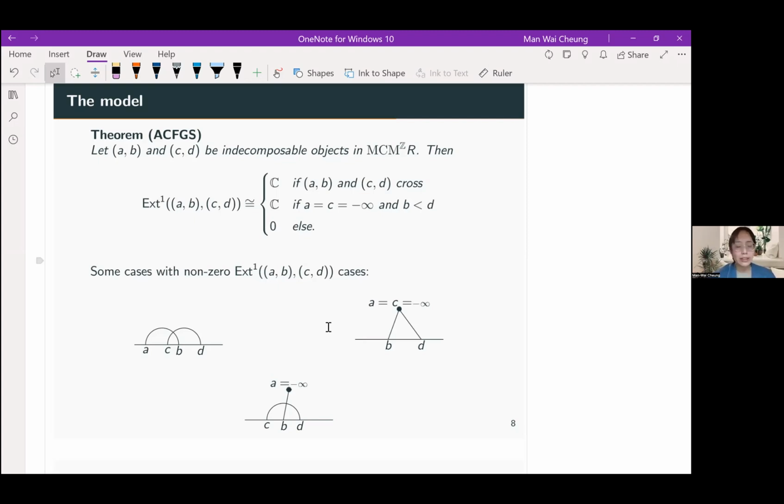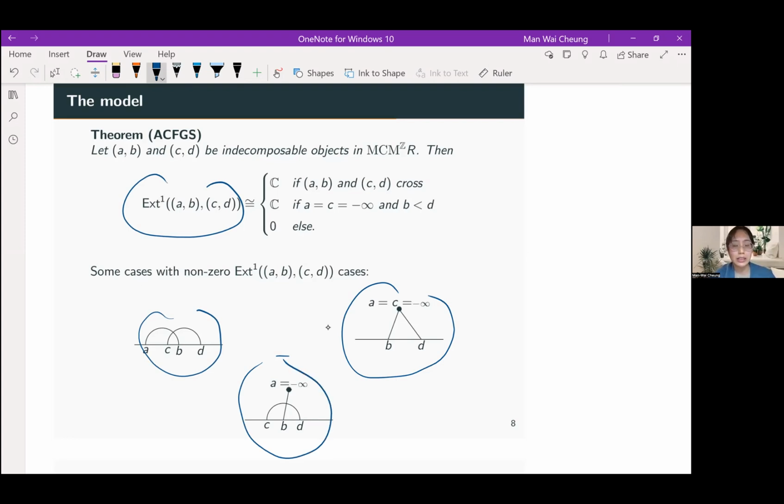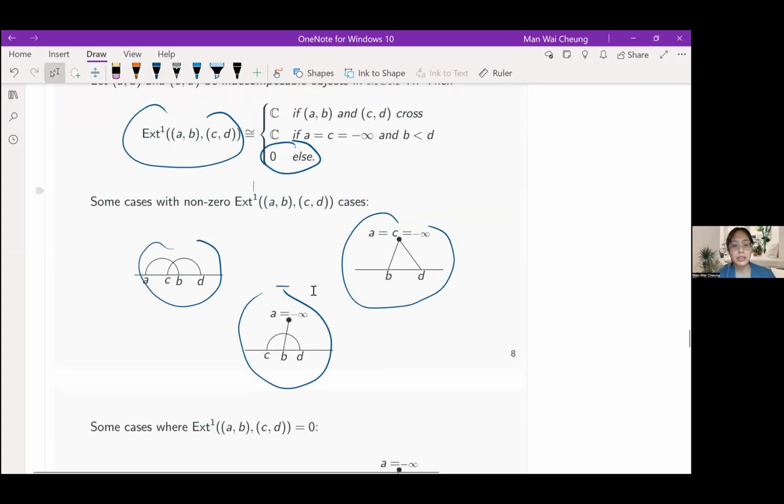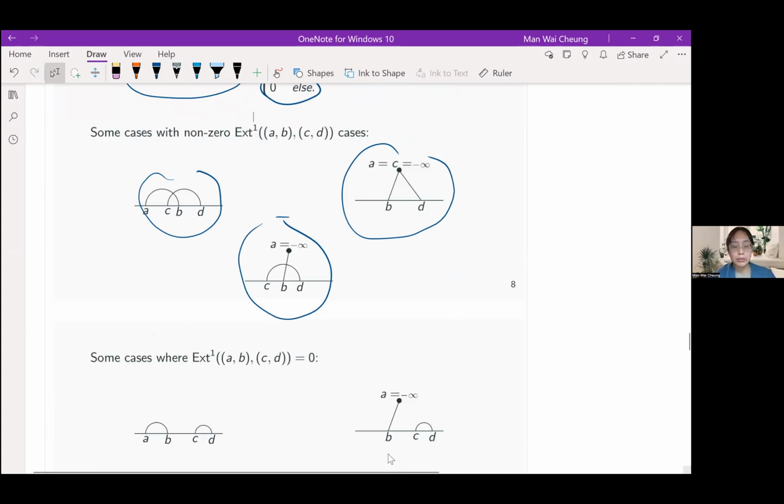And then we show, with another work as well, that when the arcs cross, then the extension group is non-zero, isomorphic to C, which in some cases is like that. But if they don't cross, then we have the extension group as 0, which can be illustrated like that. Okay, here is what we have for the extension group.